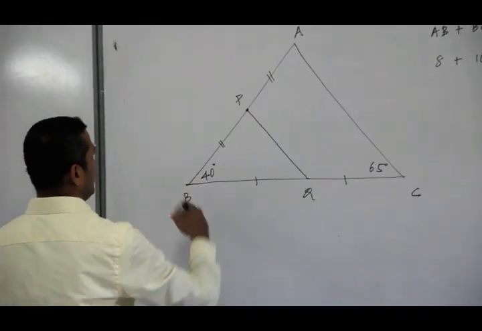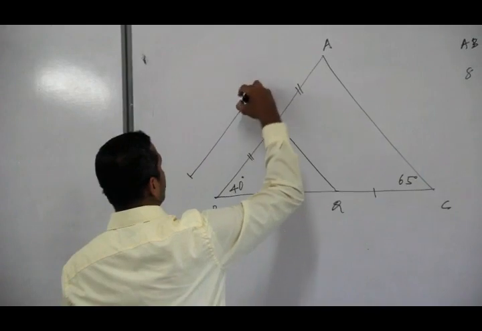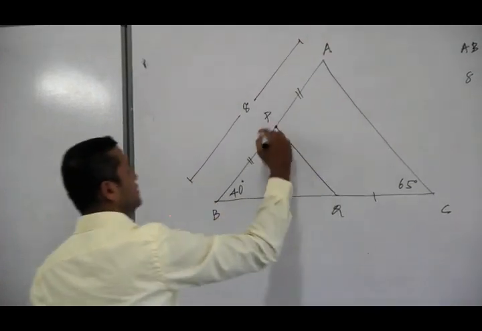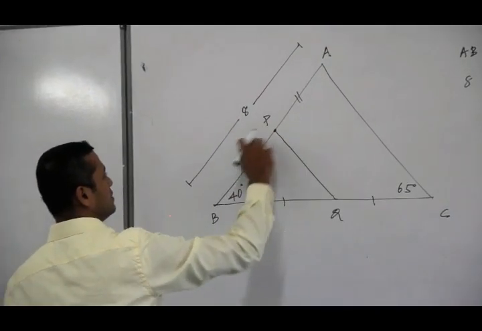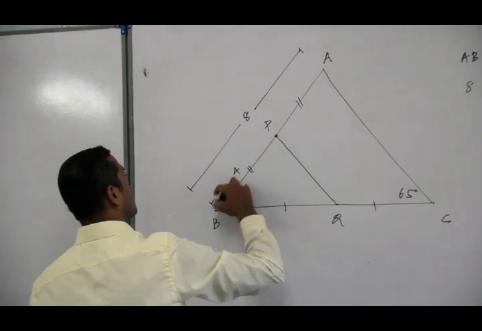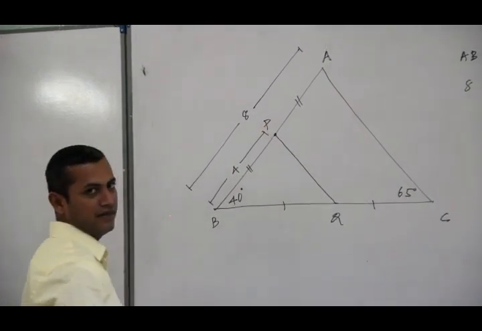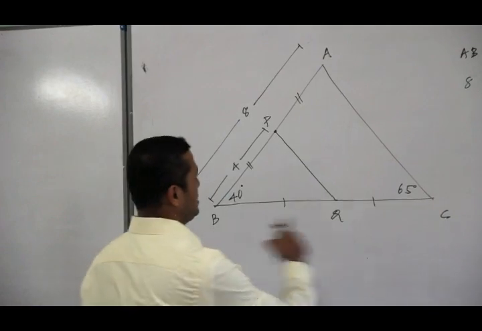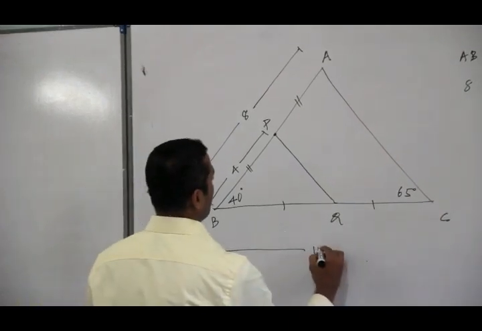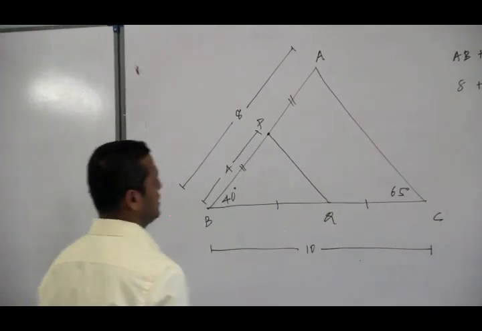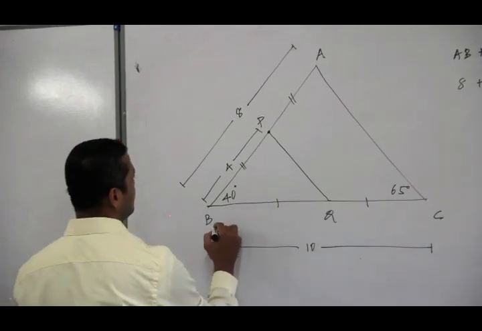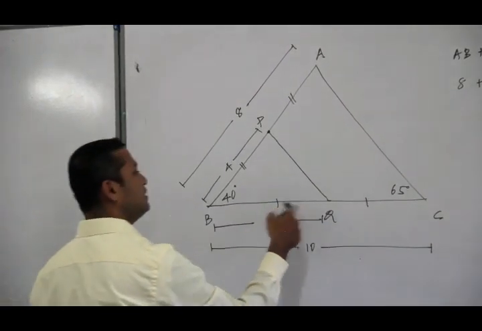You know AB equals 8 centimeter. Then if this is the midpoint, what is PB? PB will be 4 centimeter. BC is given, it is 10 centimeter. Then what is going to be BQ? Half of that, right? Because Q is the midpoint.